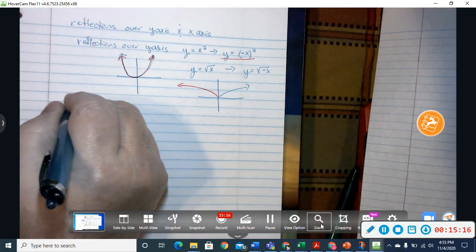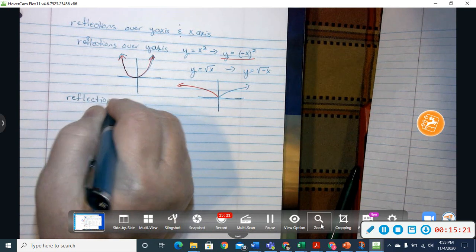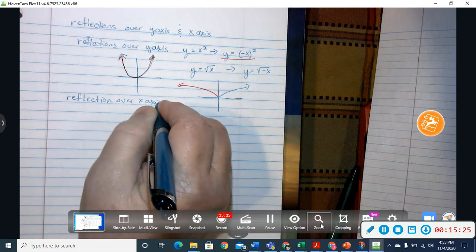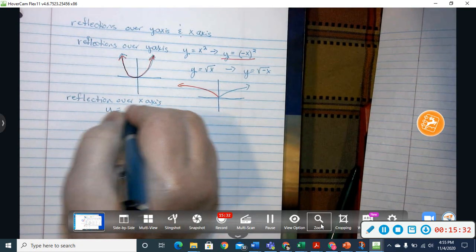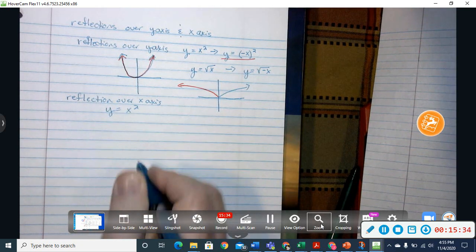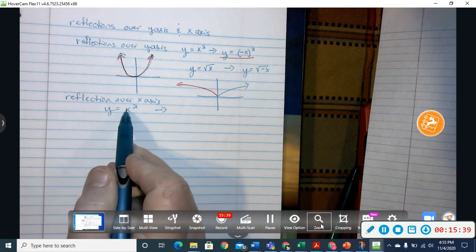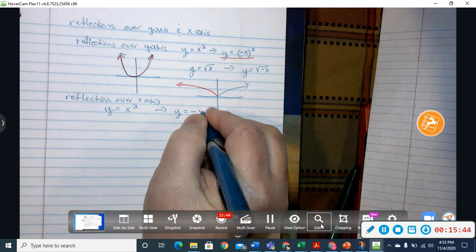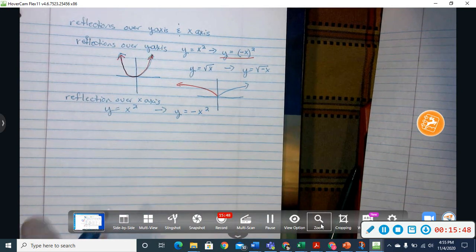The reflection over the x-axis we've already talked about. That is also dealing with concave up and concave down. So y equals x squared. A reflection over the x-axis changes the sign of the leading coefficient. So the negative is outside the squared part.